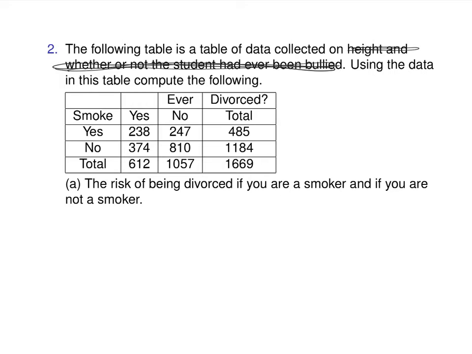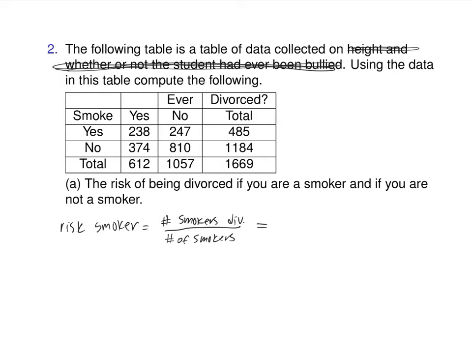Those, yeah, smoking people. So the risk of being divorced if you are a smoker and if you are not a smoker. Risk for being a smoker: this is the number of smokers divorced divided by the total number of smokers.